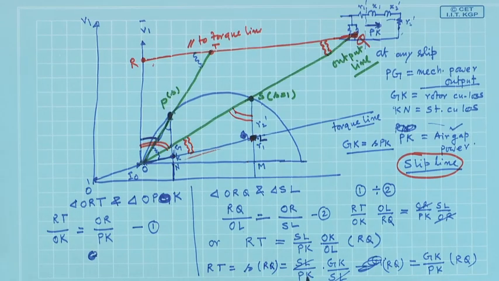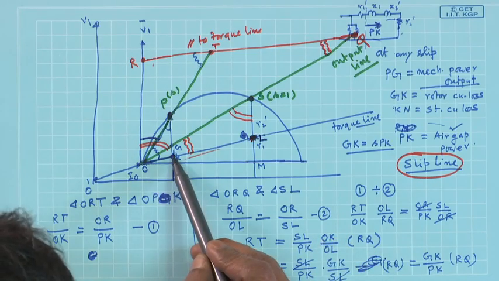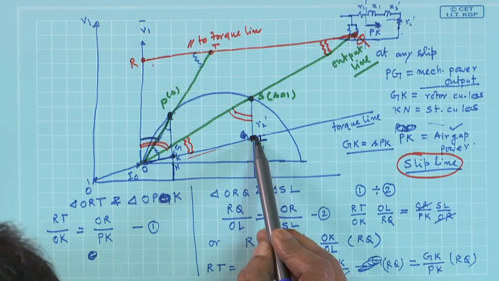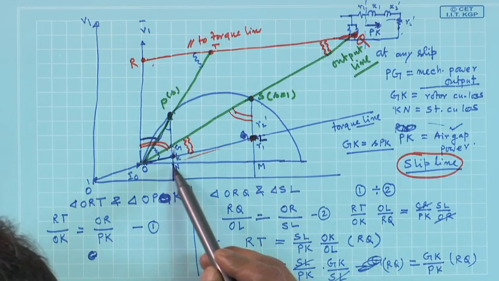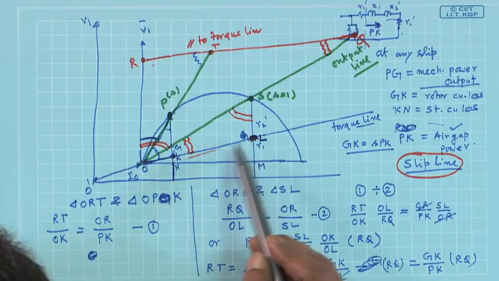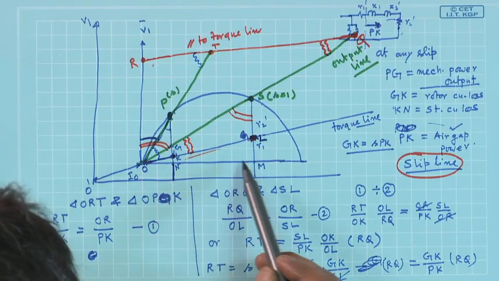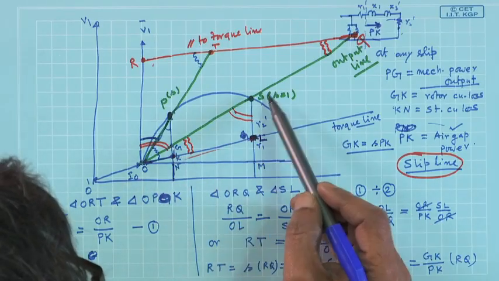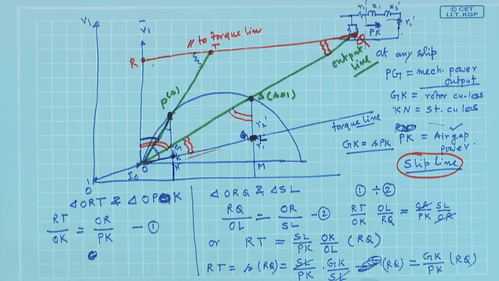This is the thing. So here the trick is that OK by OL, once again these are all parallel. So OK by KL will be same as ON by OM, which is same as GK by SL. That I have applied and I get this.